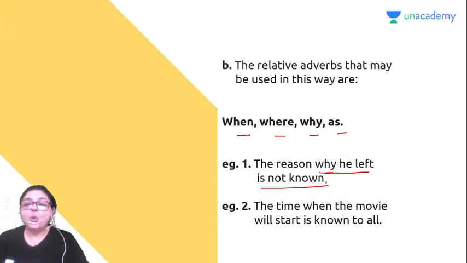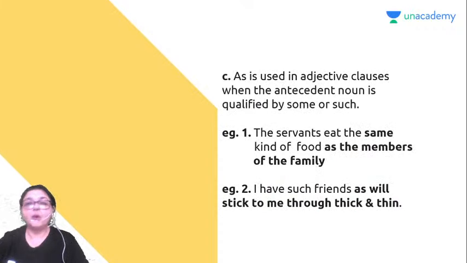The time when the movie will start is not known. Now the time when, yes, when is the clause that I am going to use over here, and the movie will start is not known. I am adding that clause to the sentence and so it makes sense. Now, as is used, okay, this is as.